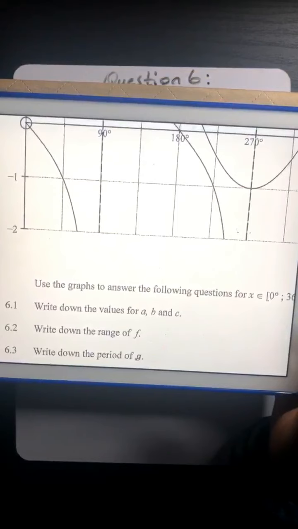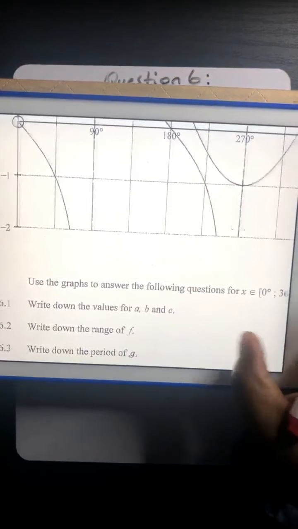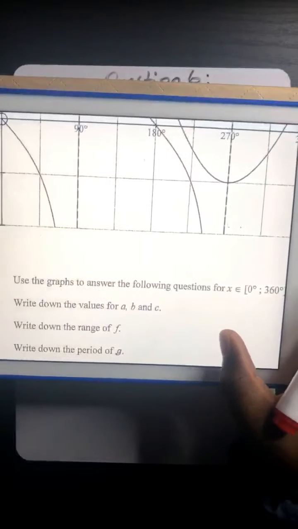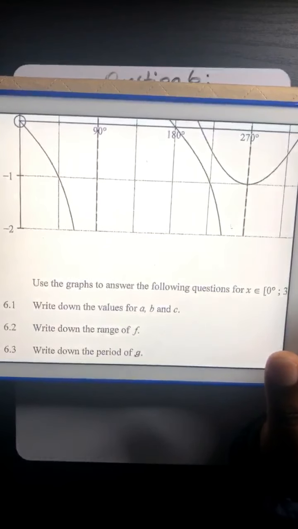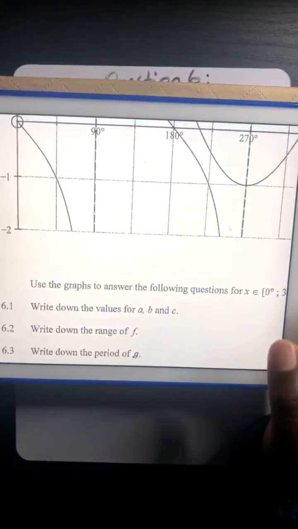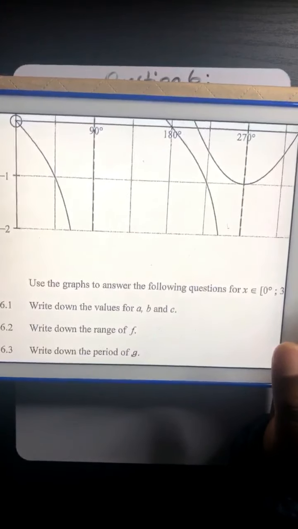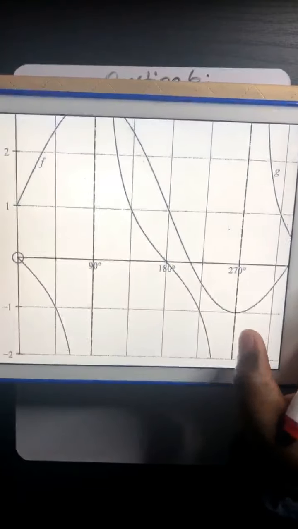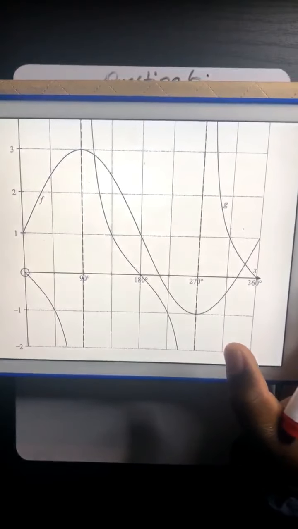6.1 says write down the values of A, B, and C. This question is allocated 3 marks. Can you see what the examiner is saying, guys? They are not saying determine, they are not saying calculate, but they are saying write down the values for A, B, and C, which means it's something you need to pick up from this diagram and just write down.